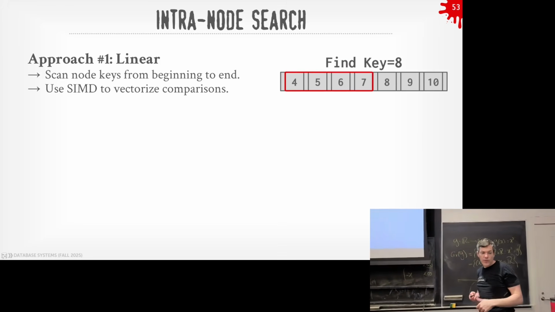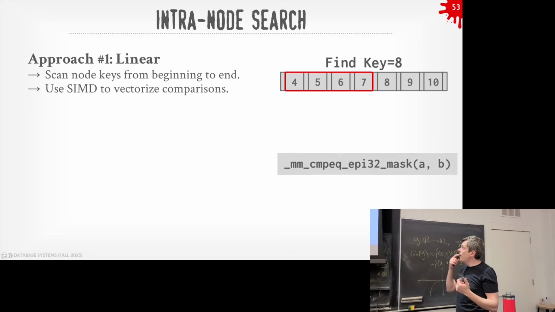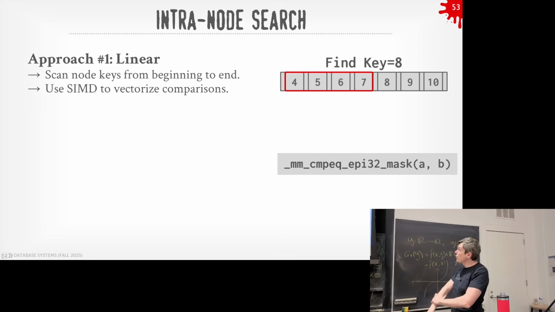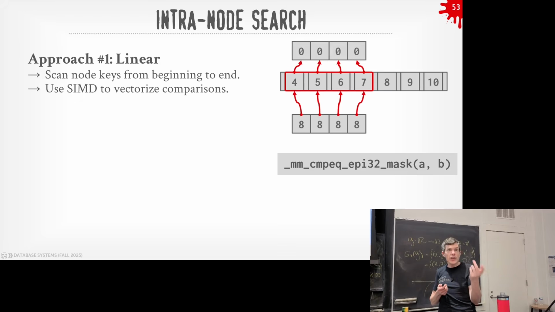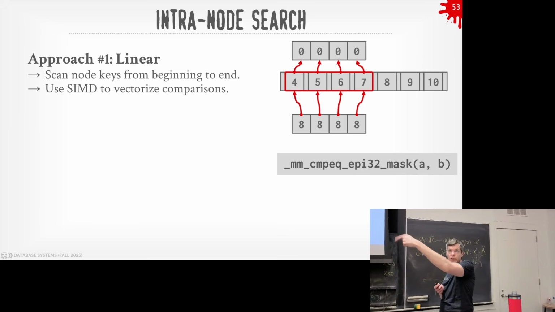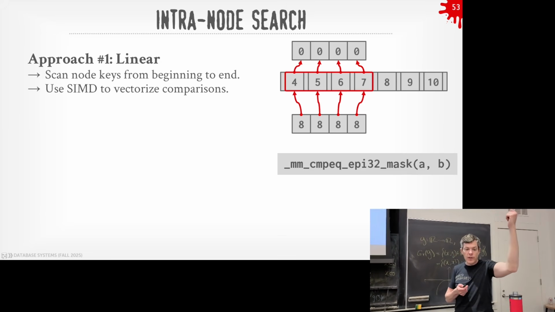So to do something like this, say you can use a 128-bit SIMD instruction. This is Intel intrinsics, or x86 intrinsics. I can take the first 4 keys, 4, 5, and 6. I can then build a vector of just the key I'm looking for, 8. And then in a single instruction, I can compare the input vector with my target vector, and it'll produce a bitmap that says here are the offsets of the tuples that matched.